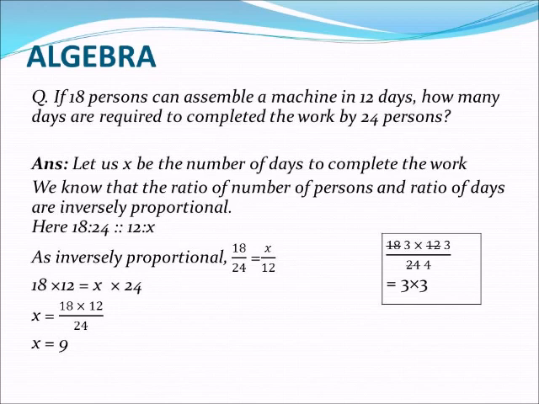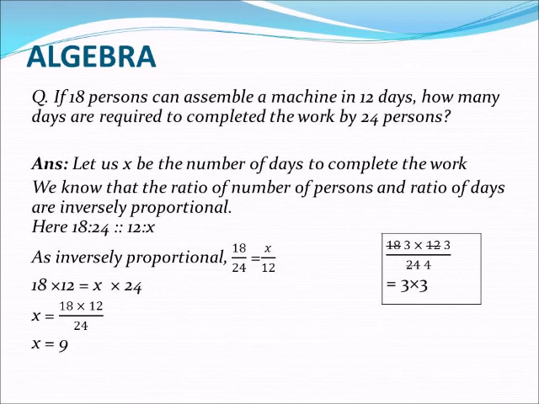So let us take x to be the number of days to complete the work. Also we know that the ratio of the number of persons and the ratio of days required to complete the work are inversely proportional.